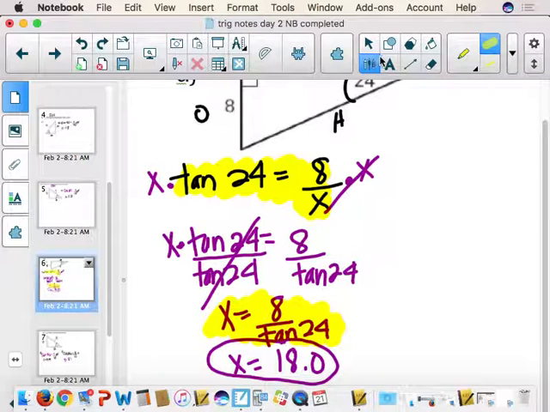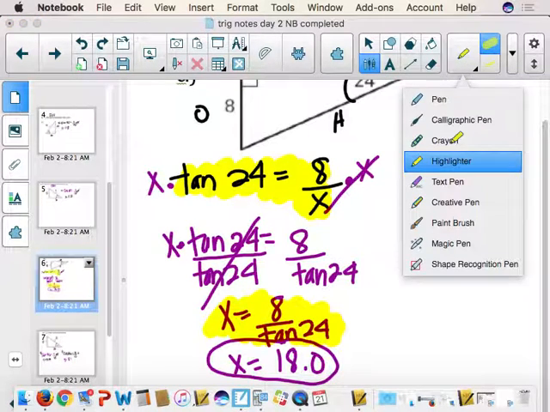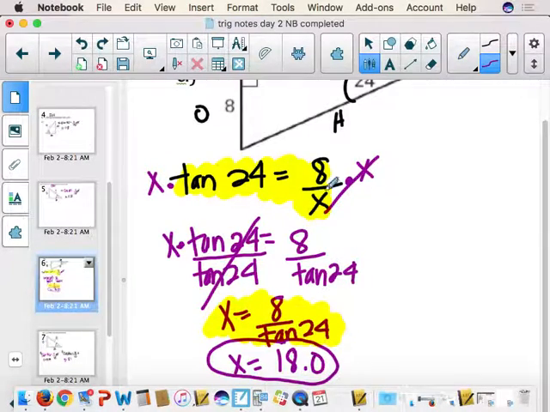So what changed? The X and the tangent. It's not always tangent that we're going to divide with. It's whenever you set up the problem and the X, or the variable, is in the denominator. So this is my shortcut for you.